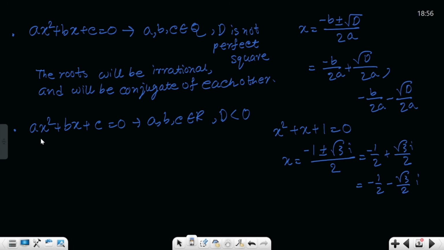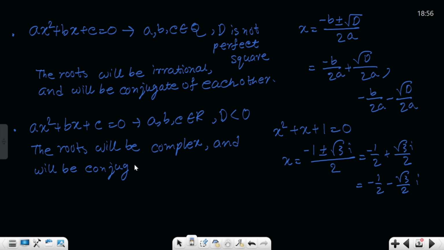Okay, so what can we say? The roots will be complex, sorry, not rational, and will be conjugate of each other. Remember these two points.